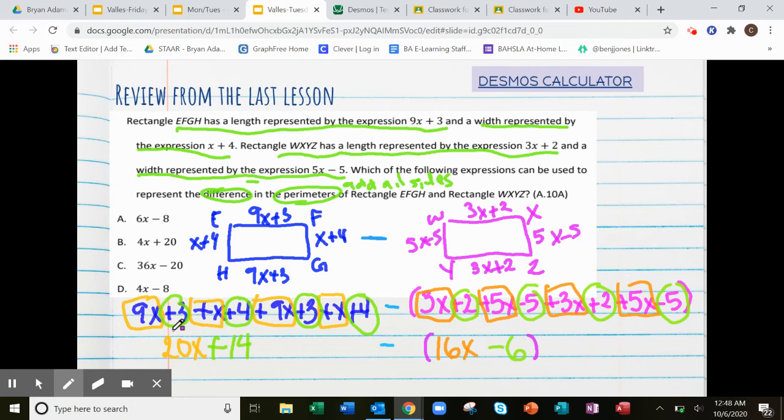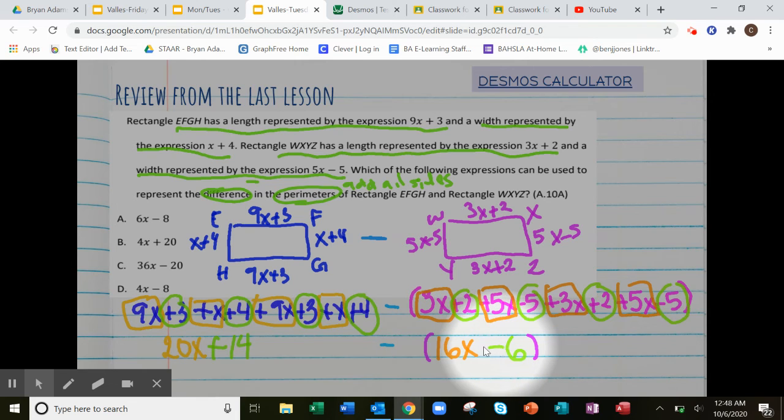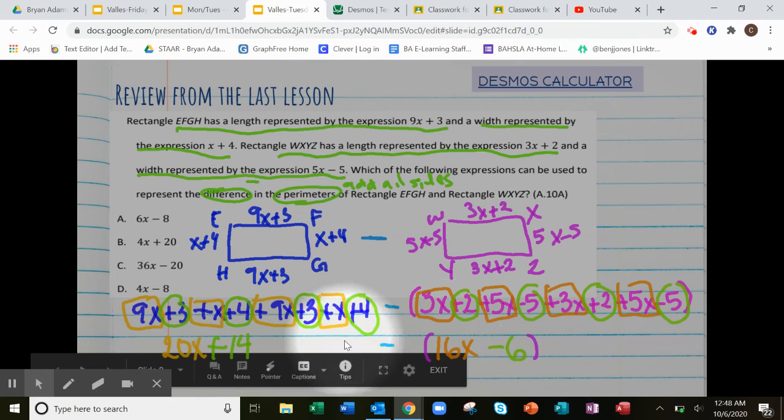I know this is a pretty long question. What this minus sign here tells us to do is change the sign of everything that's in here. And this is going to pretty much lead our lesson for today because we're going to be distributing.